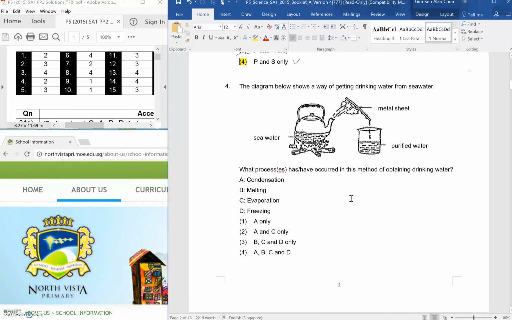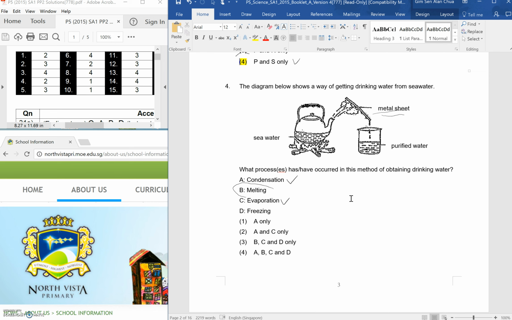Question number 4. The diagram below shows a way of getting water from seawater. Right, so we have seawater, we boil it, and then it becomes water vapor, condenses on the cooler surface of the metal plate, and then water is dripped into the beaker. Which of the processes occur in this method of obtaining water? As we said, we boil it, so evaporation takes place, condenses on the cooler surface of the metal sheet.